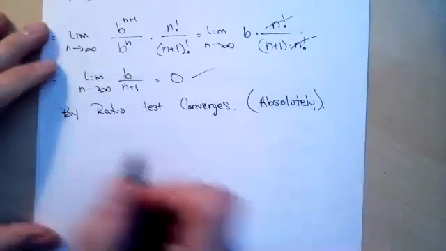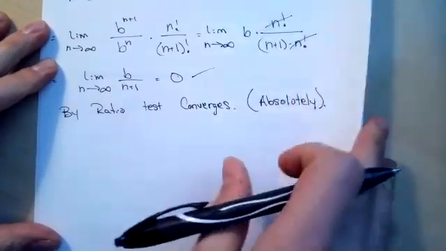Okay, so let's try one more. Let's just give it a new page. And let's put in some higher order growth stuff. Let's do something that has a little bit of everything. Let's do something like 2 to the n squared.